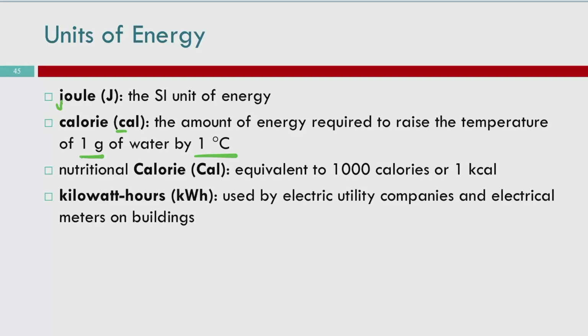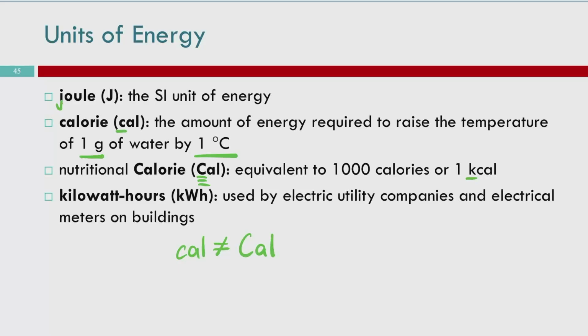That is different from the capital C Calorie. The capital C Calorie is the nutritional calorie. That's the one that you see on the nutrition facts on pieces of food that you eat. Also called a kcal. So lowercase c cal is not the same as uppercase C Cal.